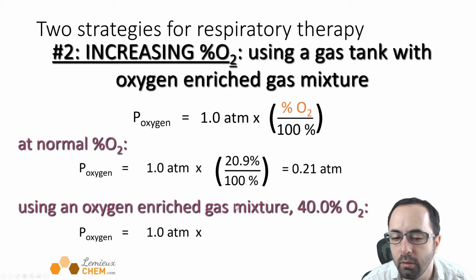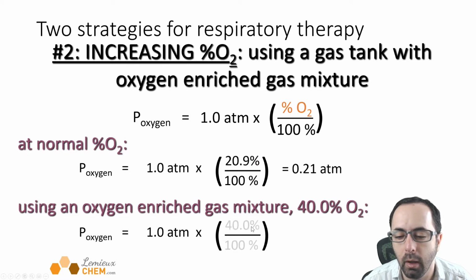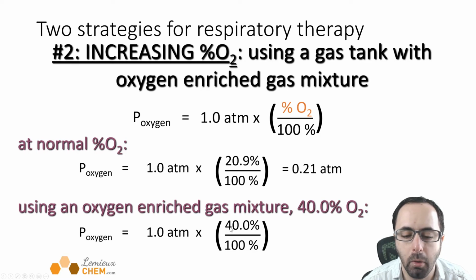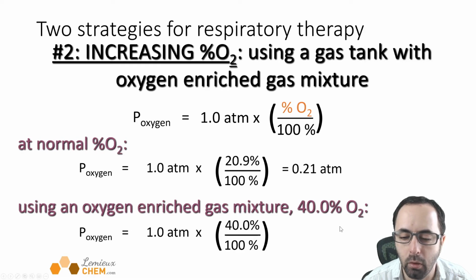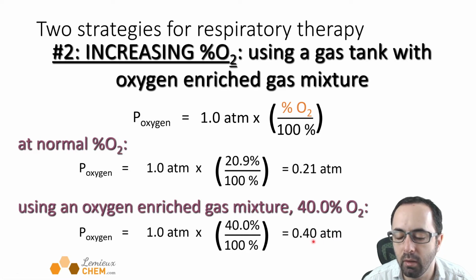But the percentage of the oxygen that they're breathing will be greater. It will be 40%, let's say, instead. And so now the partial pressure will be 1 times 40 divided by 100, which of course will be 0.4, or 0.40 to 2 sig figs.